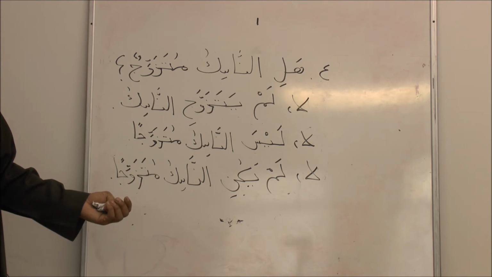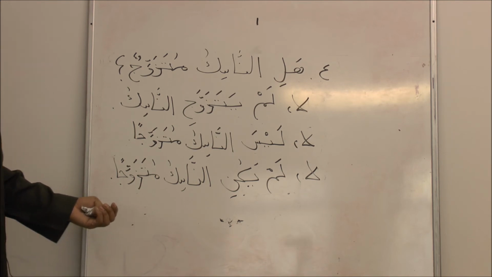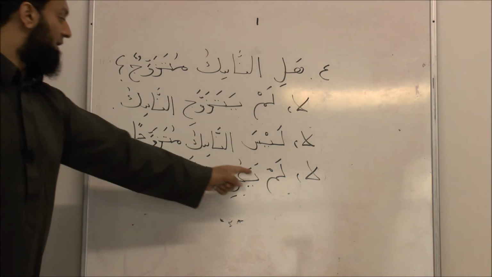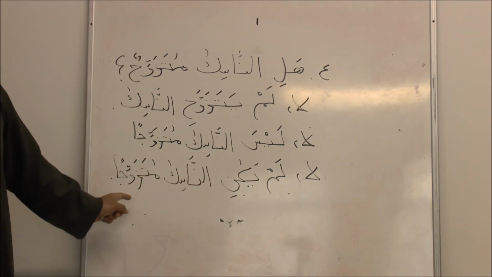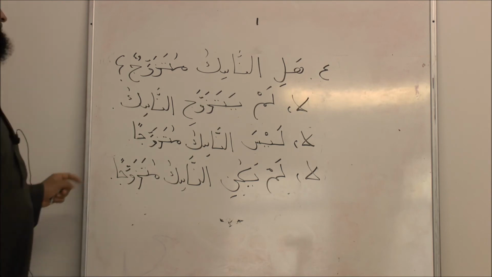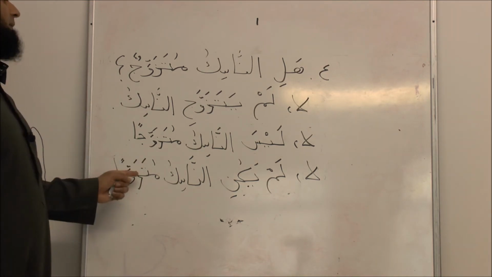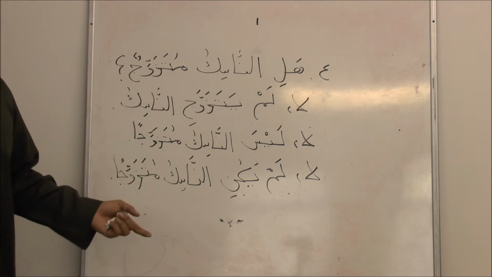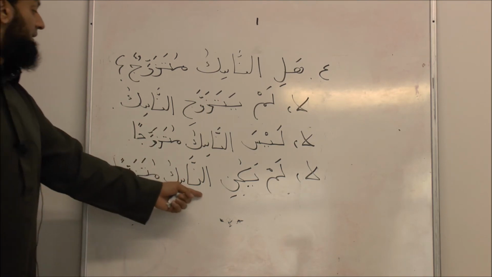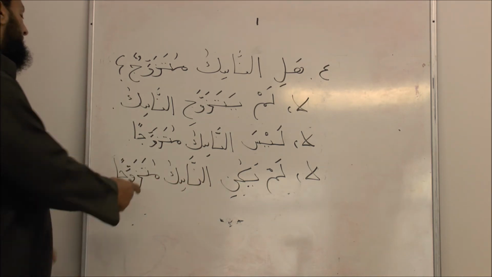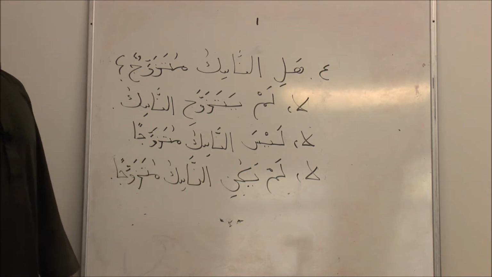He wasn't married. An-nasiku wasn't mutazawwijan. And then that has to be mansubun because it's khabru kana. This is now ismu kana, an-nasiku, and khabru kana is mutazawwijan.